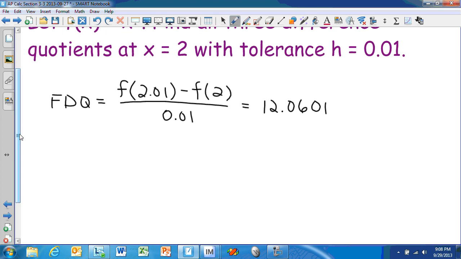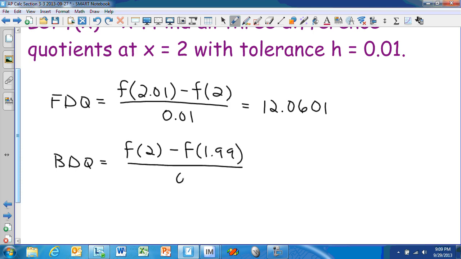And the next one is the backward difference quotient, which is going to be f of 2, that's f of x, minus f of x minus h, that's f of 1.99, 2 minus 0.01, all divided by h, which is 0.01. We're just going to run that through the calculator.